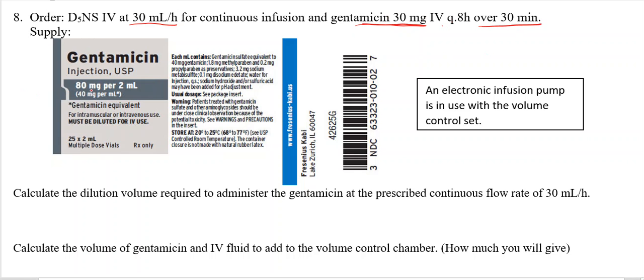So my supply is 80 milligrams per 2 milliliters, or I'm going to go with the 40 milligrams per milliliter. These are equivalent measures, so I can use either one. It says an electronic infusion pump is used with this volume control set, so I'm going to be in milliliters per hour and not in drops per minute.